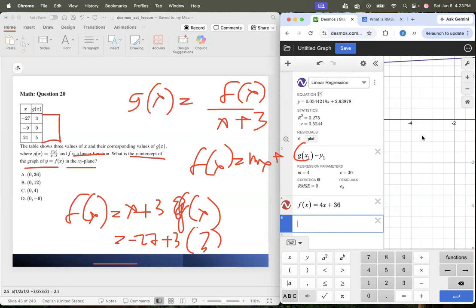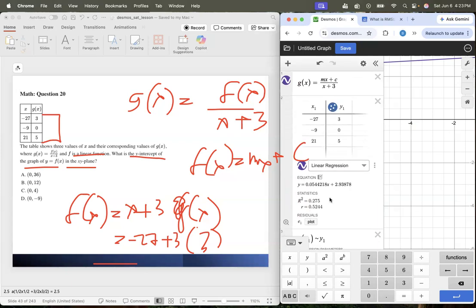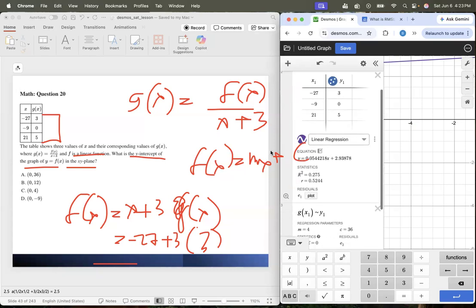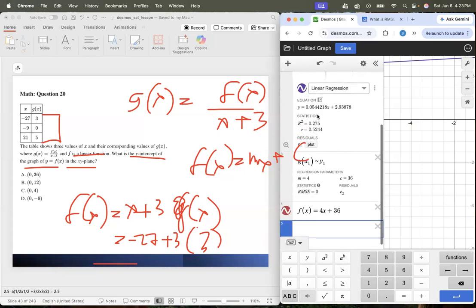I think you can solve it. You can see, graph it for you. See, intercept because we put it in initially. I prefer this formula easily. Just write g of x and put f of x in that function, x plus 3. Use the points to graph it, and then regress that to the original, and it will give you the new function, which is f of x, 4x plus 36. And therefore, what they're asking you for, the y-intercept, is 0, 36. Straightforward.